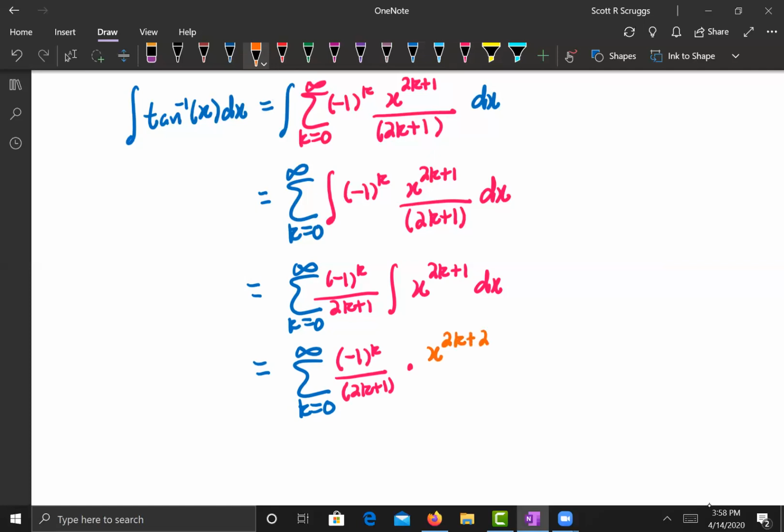Because that's x raised to a power, I'm using my power rule for antiderivatives. And that's what that will look like there. And there's our first example of taking an integral with this Maclaurin series, or with this Taylor series.